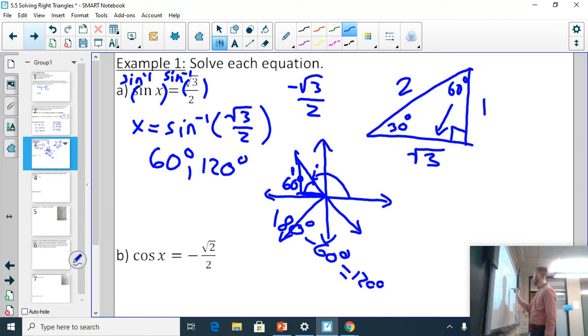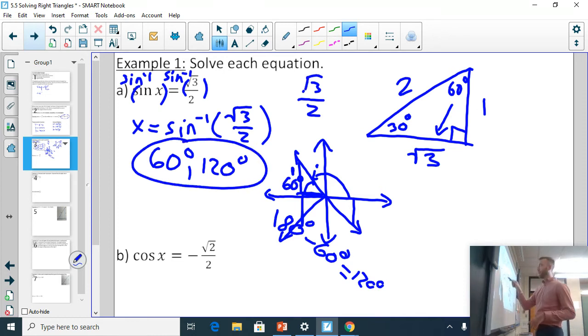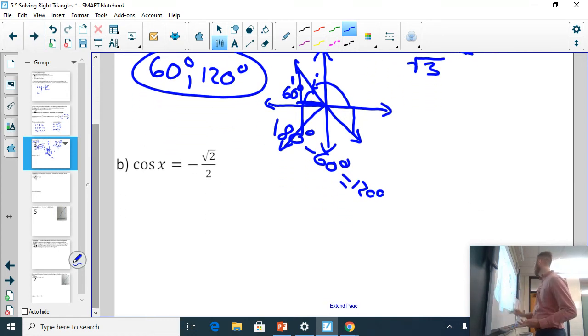So whenever we're in quadrant 3 or 4, we have a negative y value, and we would need a negative sign here for that to be true. So it's just 60 degrees and 120 degrees and anything that is coterminal with those two. But I would just write that answer and then say also any coterminal angles.